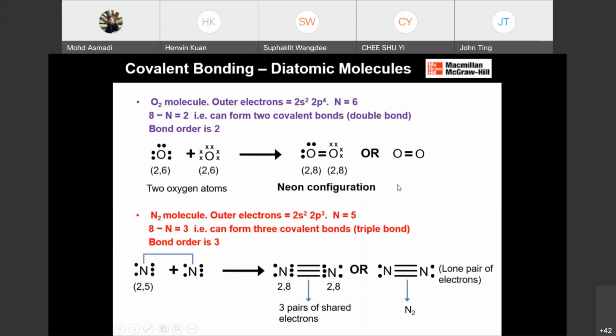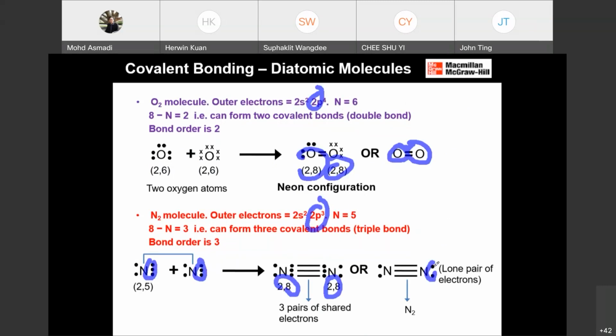So this is covalent bonding for the diatomics, and also double bond and triple bond, oxygen and nitrogen. The outer shell is 2p, and this one is 2p4. When they share, we can get a double bond.